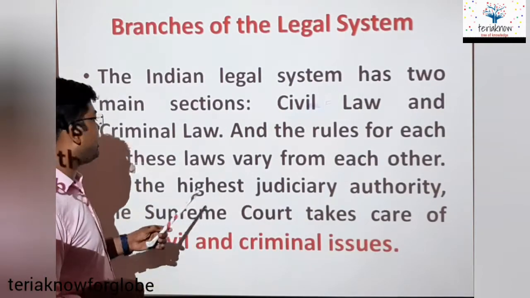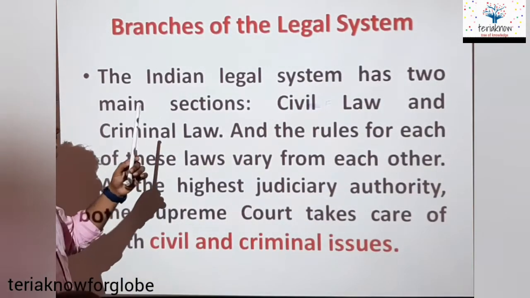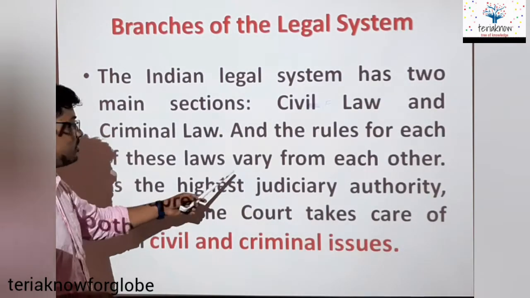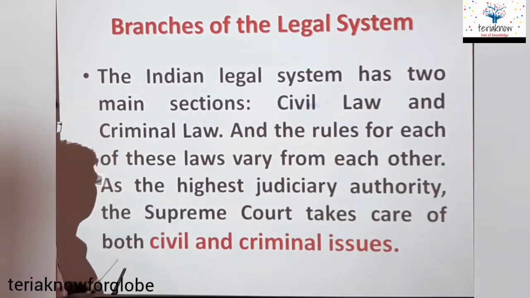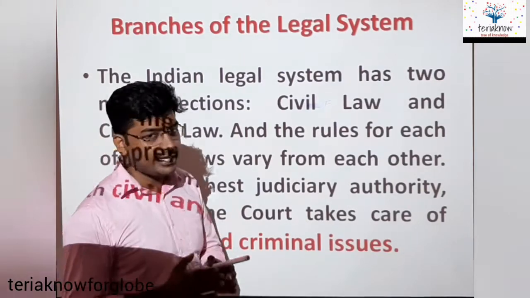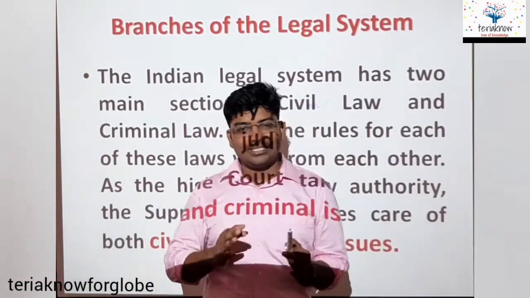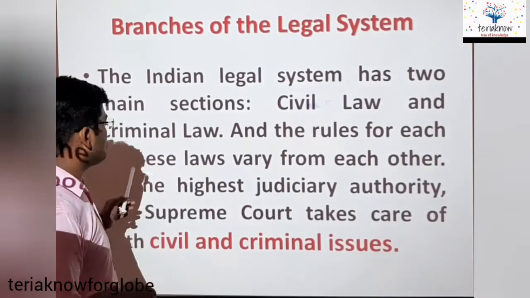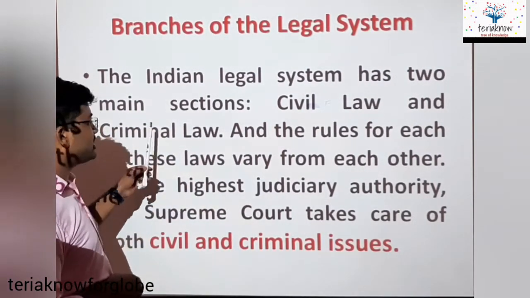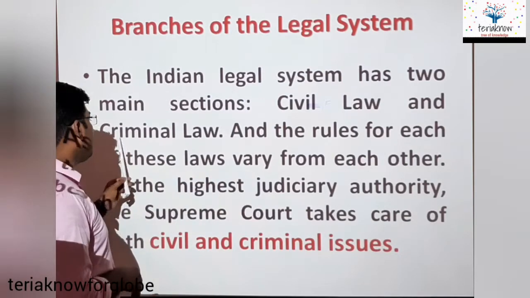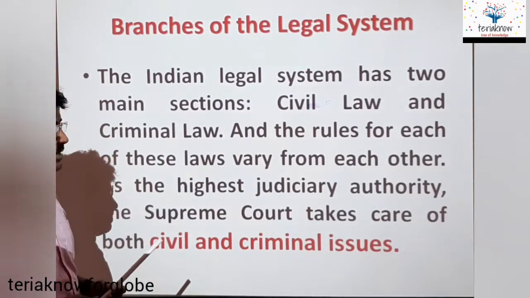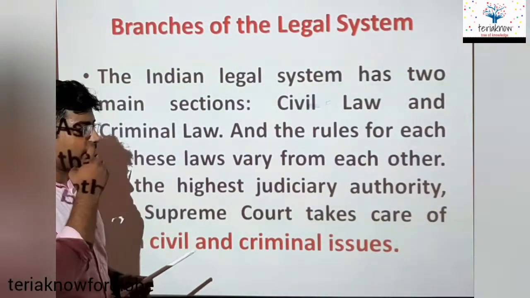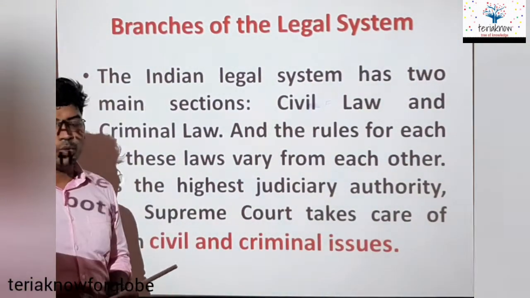Understood? So, all right. Civil law and criminal law and the rules for each of these laws vary from each other. दोनों के जो रूल्स ऑफ लॉ हैं वो वेरी करेंगे। Understood? So this is available there in Indian judiciary system. So two types of sections, that is civil law and criminal law, CRPC, Code of Criminal Procedure, okay, and IPC, Indian Penal Code. Understood?